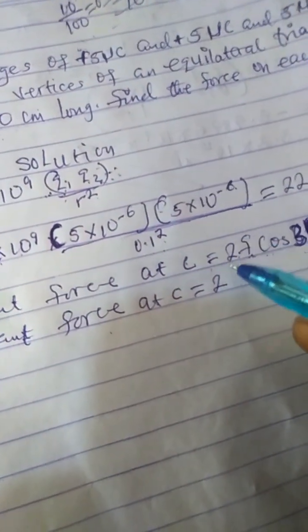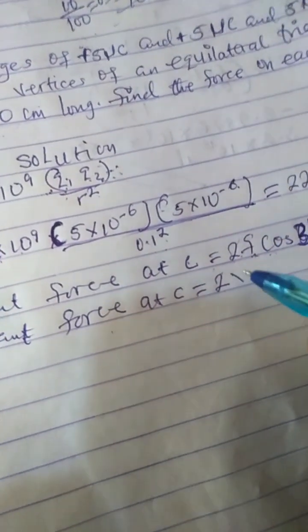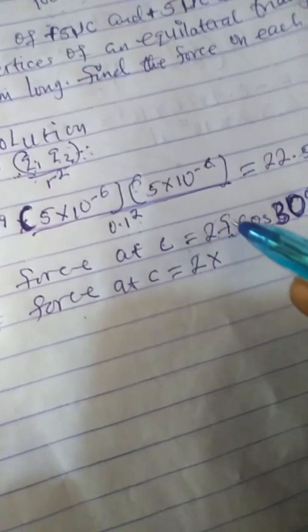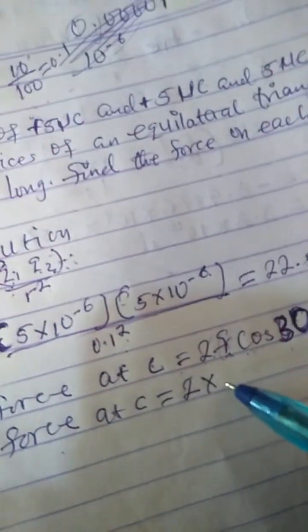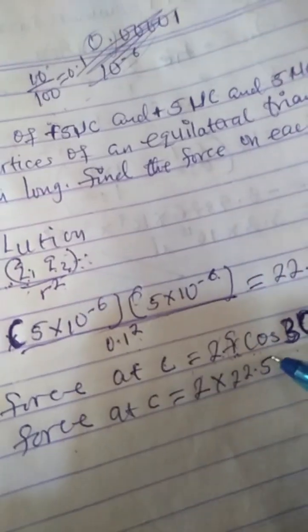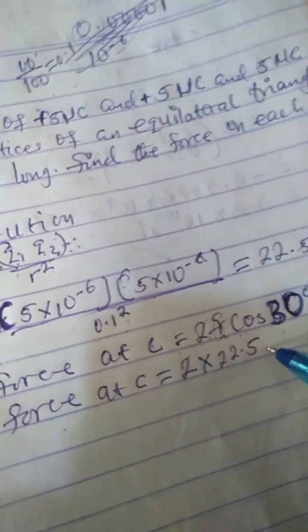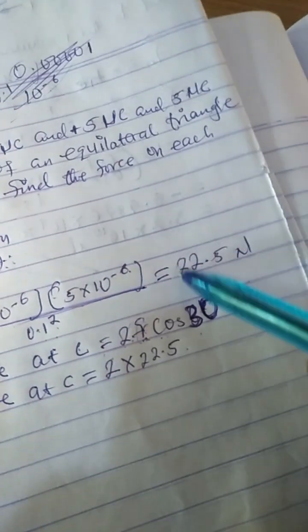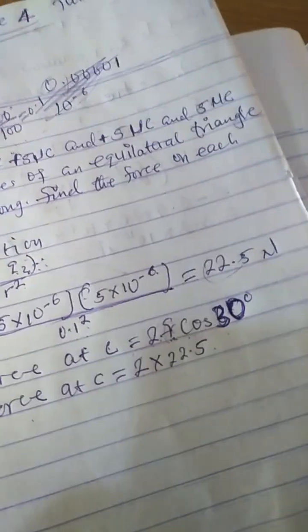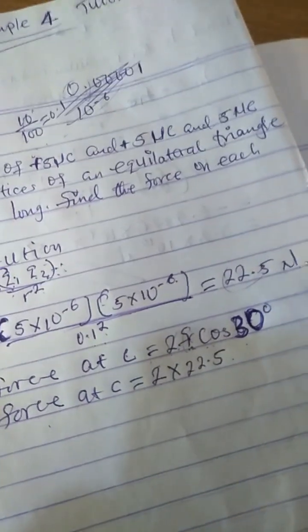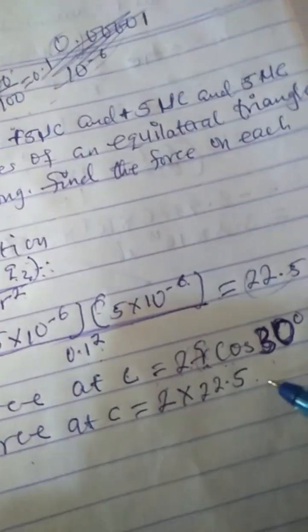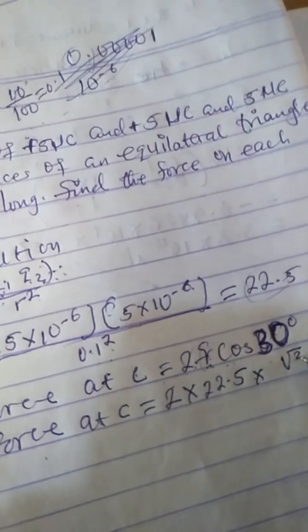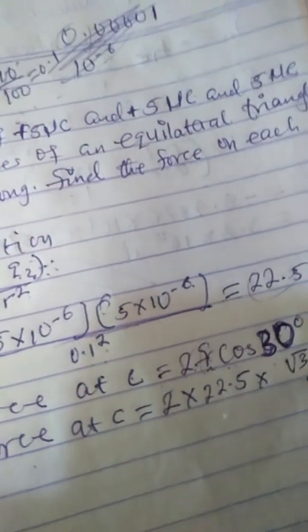This 2 is because we are having two forces. It's 2 times, then this force is what? The force you have as you solve. The force is 22.5, so you're going to have 2 times 22.5. Please don't include the Newton here, and because I asked you to pick this and put here, you might mistakenly take the N as well, leave the N, but we are going to bring it. But for now, just suspend it for now. All right, times root 3 over 2.